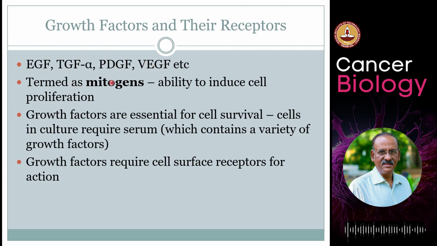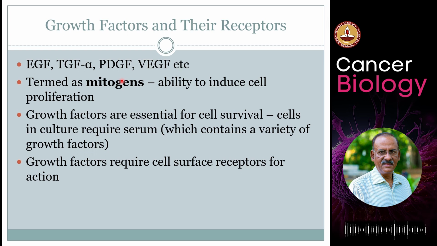These growth factors are also called mitogens because of their ability to induce cell proliferation. Those which can induce cell proliferation are generally termed as mitogens. Growth factors are essential for cell survival. Cells in culture generally require serum.